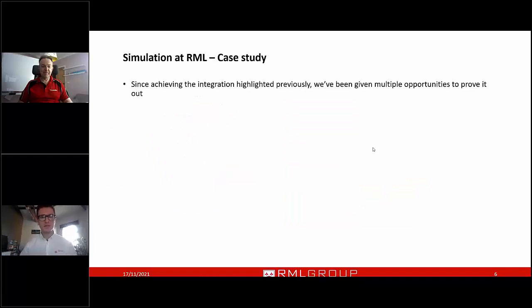So with that being said, I think it's worth going through a case study just to show that these capabilities that for us were new were put to good use. And we have been given multiple opportunities to prove these capabilities out, which has been great.